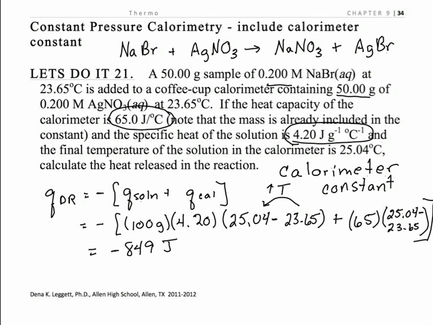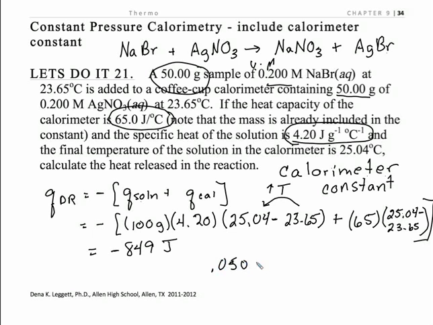Now, that's just per joules, or per the sample. It doesn't ask us to calculate per moles of sodium bromide, but we could because we could change this to volume. We'd have to assume a density of 1, and then we could take volume times molarity and get moles of sodium bromide, or we could do it for the silver nitrate. They are both limiting in this case, and we could get it per mole, but it didn't ask me, so I'm not going there.